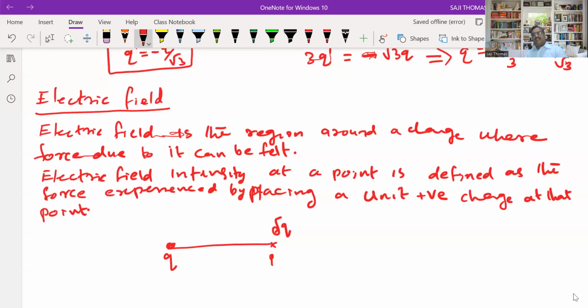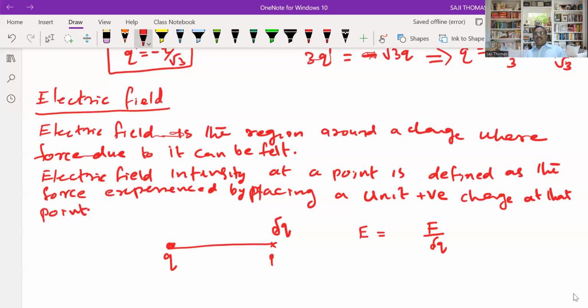Test charge. From the name itself, it is used for testing, right? So I am placing a test charge here. Then what will be the electric field intensity here? It is the force per unit positive charge. So electric field intensity will be force divided by delta Q.